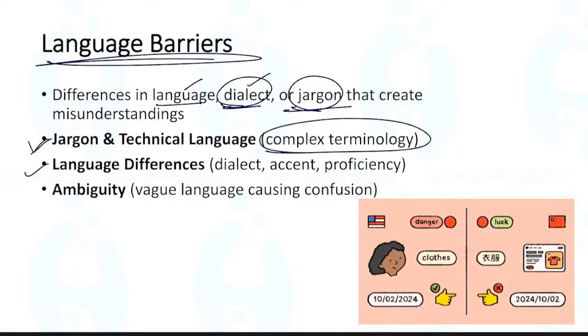Next is language differences. Language differences can be a completely different language, or different dialects, accents or proficiency, right? Different dialects I've already mentioned: the same language with different dialects in a certain state or country.